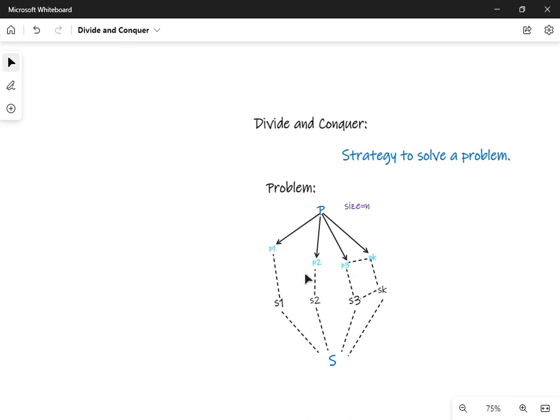So these are different tasks. This is not the divide and conquer strategy. The real example is: if the problem is solved, then the subproblems are also solved. So this is the divide and conquer strategy.